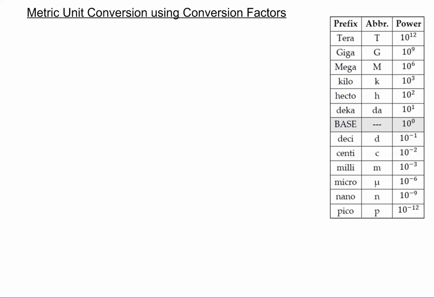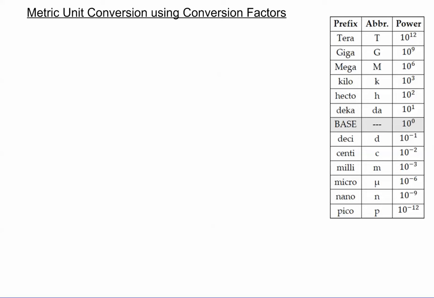Let's do one more unit conversion. And this last example will require 2 unit conversions, or 2 unit conversion factors. And that's because we're not going to move from the base unit or to the base unit, we're going to move through the base unit.